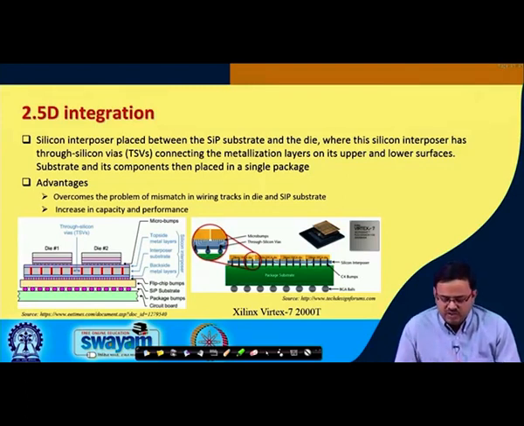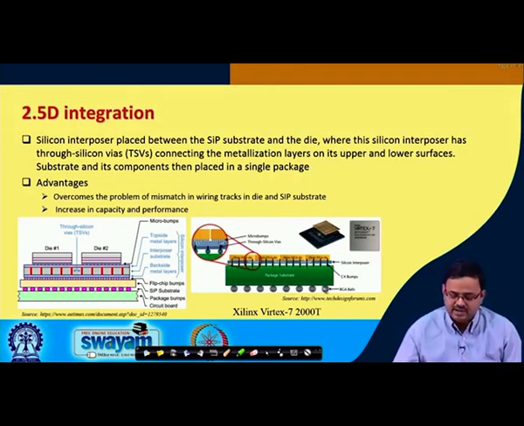Okay. So, what you see on the right hand side is Xilinx's Virtex 7. So, you can look this up. This is actually a 2.5D device. You see this? You have a silicon interposer, and the silicon interposer in turn has these C4 bumps. Okay. And then it goes to the package substrate, and the package has these larger bumps which go into the motherboard.